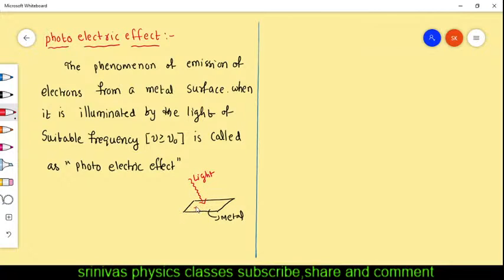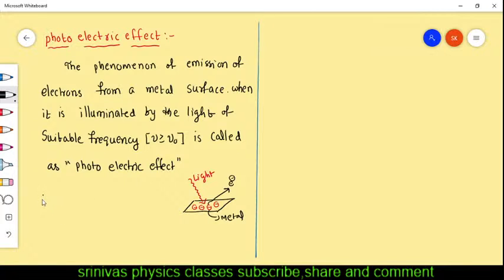This metal has so many electrons, like these minus ones, and when any electron gains the light energy, that electron will be liberated from the metal surface and come outward. That electron emission from a metal surface when it is illuminated by light is called the photoelectric effect.